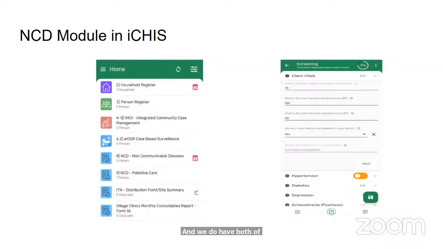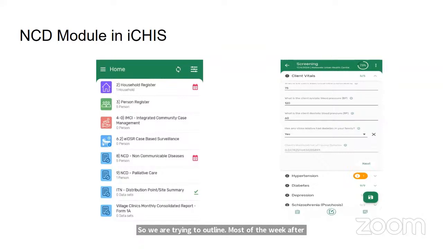This is just an example of the NCD module in the iCHIS. These are some of the information that we look for. There's the household register, person register, and then you have now the non-communicable disease, and now we are also looking into the NCD palliative. So we are trying to align most of the work that we're doing also to the palliative program.